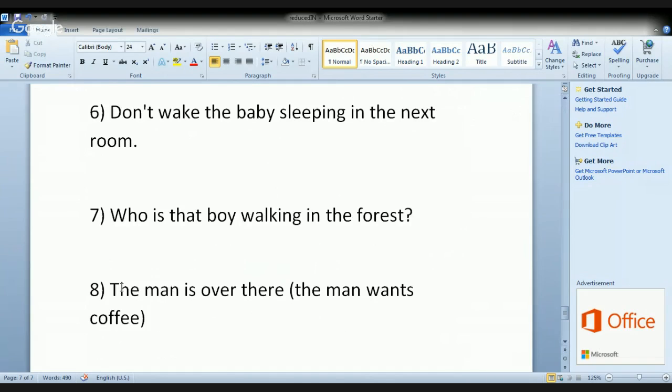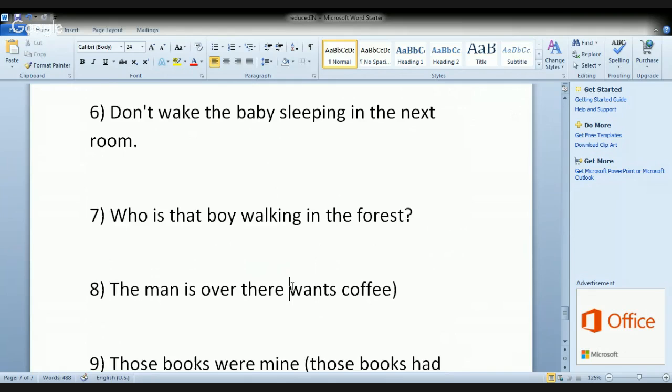Number 8, the man is over there. The man wants coffee. All right, so the man is repeated. So we'll take some of this out. The man is over there, wants coffee. And now I'm trying to think. The man who is over there wants coffee, but we can't do that.